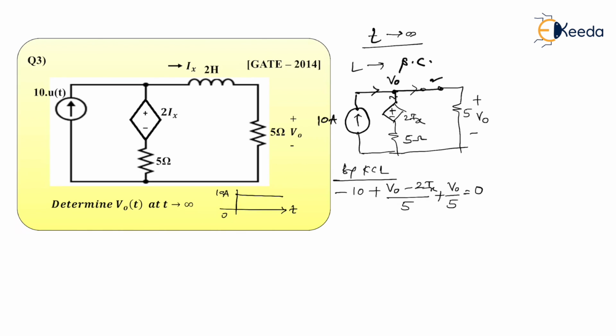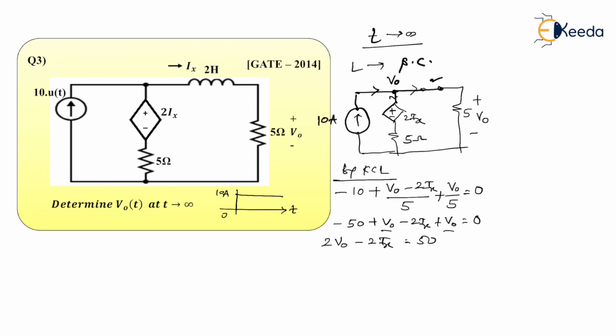As you can see, the LCM is 5, so I can say minus 50 plus V naught minus 2ix plus V naught equal to 0, right? Then V naught plus V naught will become 2V naught minus 2 times Ix equal to 50.